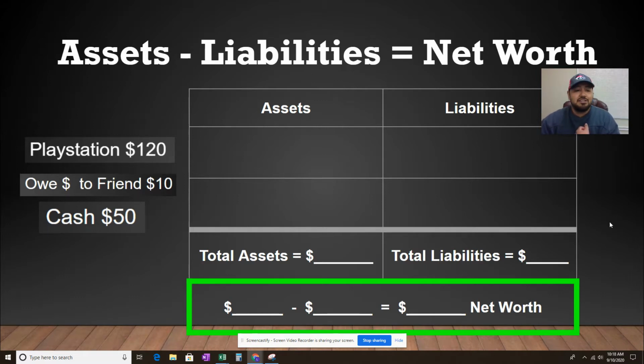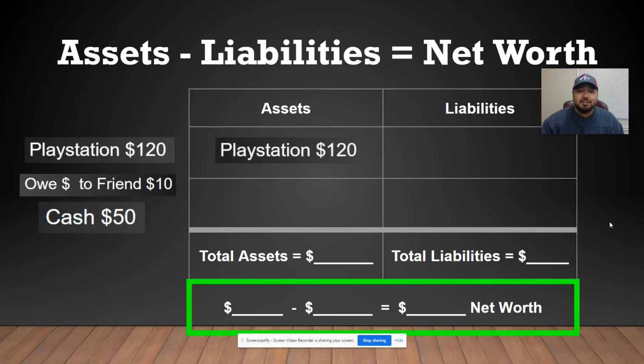So the first one is an asset because it's PlayStation. It's something that they own. So that's going to be an asset for $120. They do owe a friend $10, so that's something that they owe. So that would be a liability. And then they have cash for $50. That is something that they own. So that will be an asset.